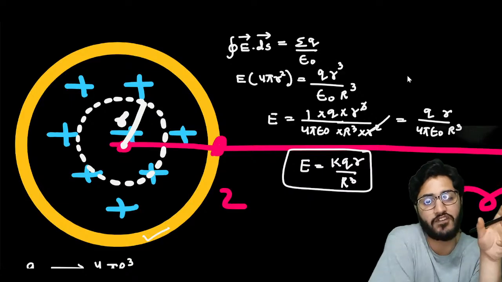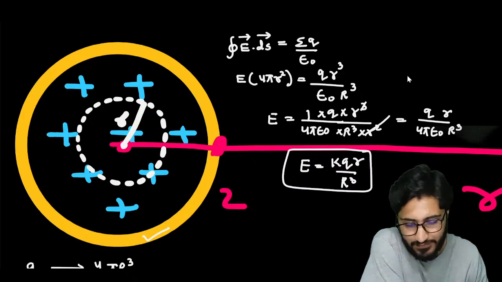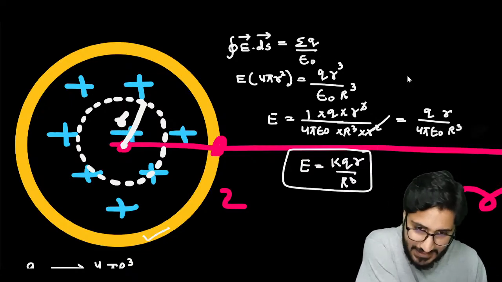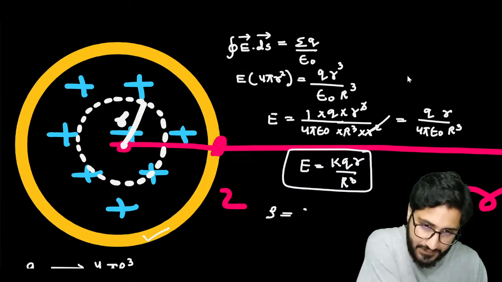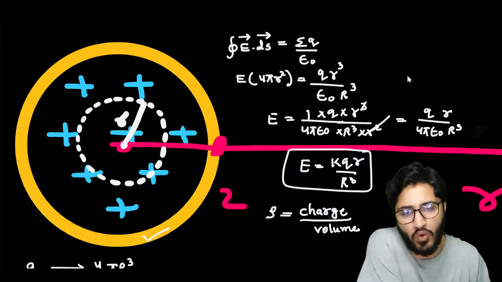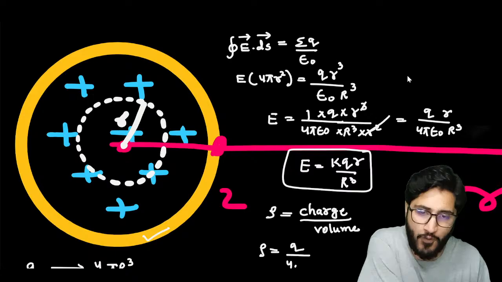So what if we change the whole scenario into density? How to get it now? Look better. What is density? Rho is equal to charge divided by volume. Density of the whole is rho, charge of the whole is Q, volume will be 4 by 3 pi capital R cube.